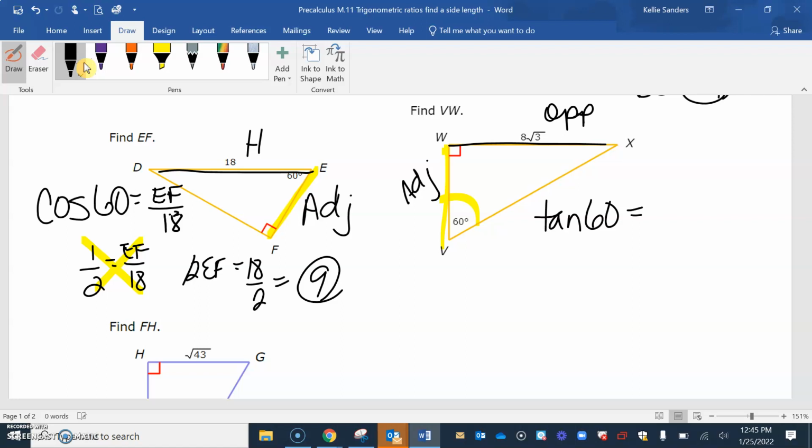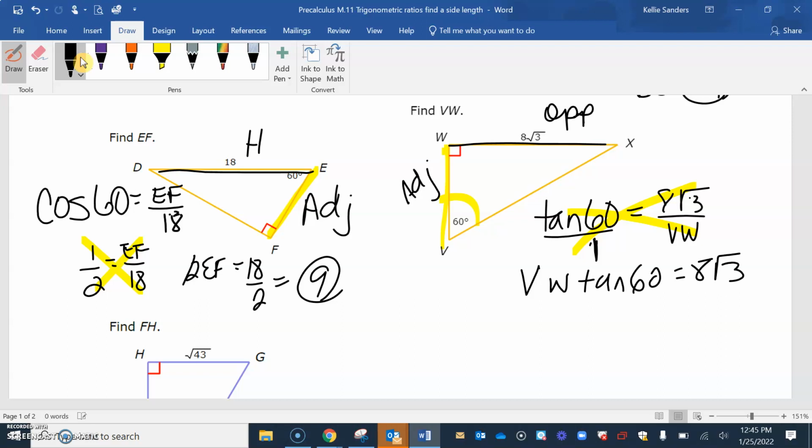So tangent 60 of opposite over adjacent, which is 8 square root of 3 over adjacent, which is VW. I'm going to go ahead and put that over 1 so I can have a ratio, a proportion.